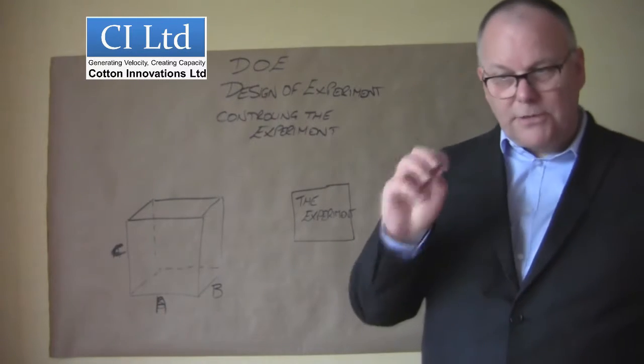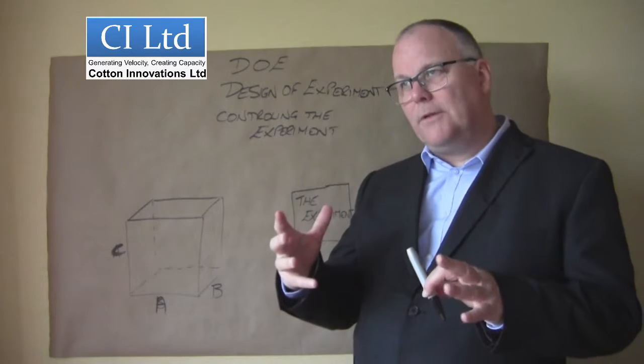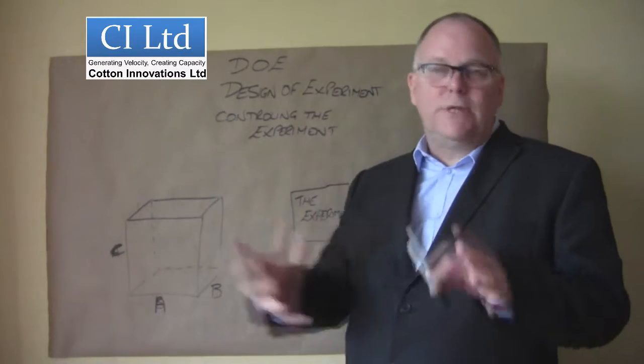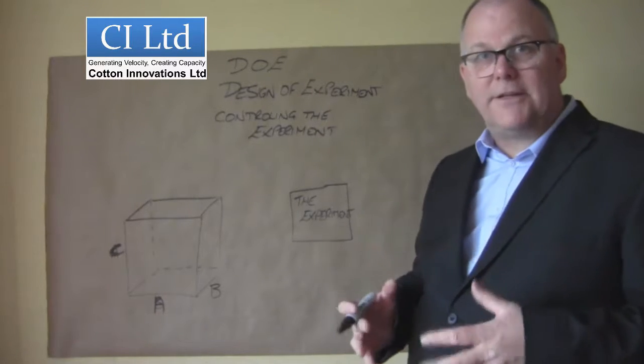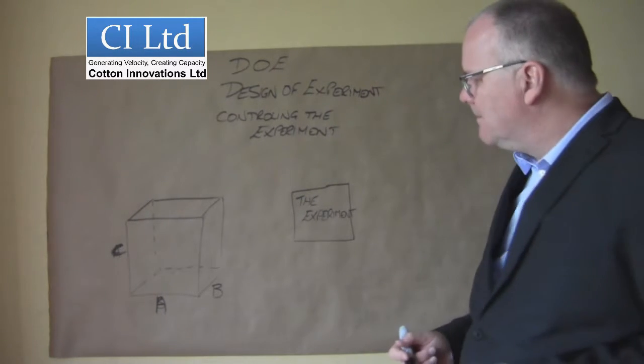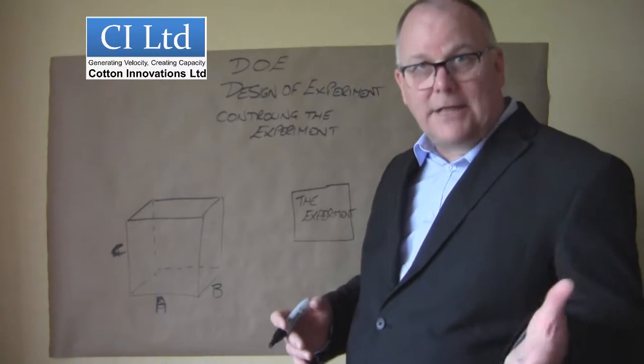Some of the factors and interactions are very small, and if you're not controlling your experiment, the noises, the issues within your experiment, actually start to conflict with the factors, and then you get misleading results. So in the experiment we draw what's called a Cnx diagram.